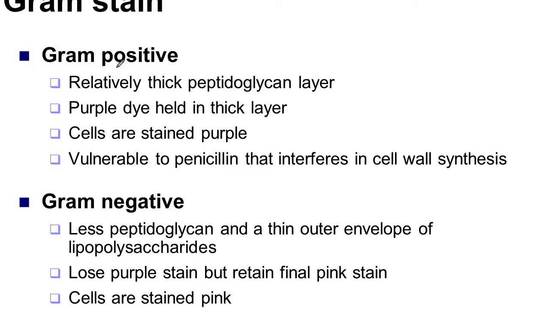Let's first talk about gram-positive bacteria. Gram-positive bacteria, when they are stained with the gram stain technique, become purple. So if you see purple bacteria on a slide that's been treated with gram stain, you can bet it's a gram-positive bacterial species. Why does that occur?